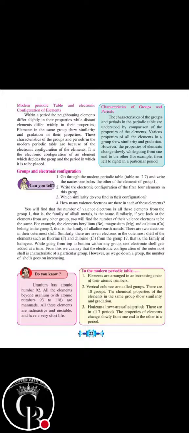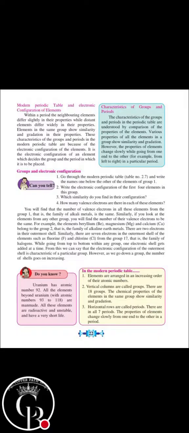Similarly, the elements from any other group have the same number of valency electrons. For example, beryllium, magnesium and calcium belong to group 2, the family of alkaline earth metals. There are 2 electrons in the outermost shell. The number of valency electrons is 2.